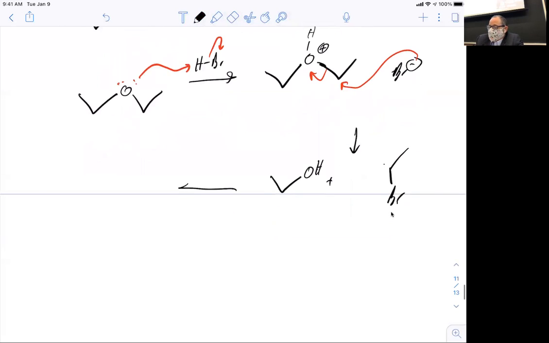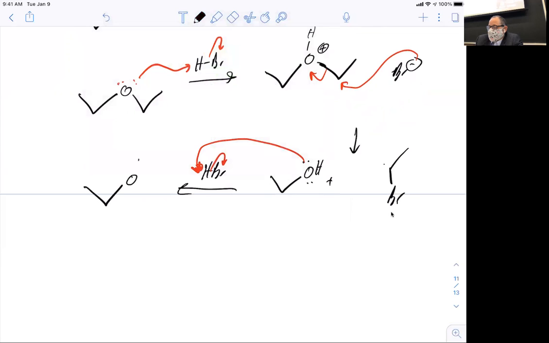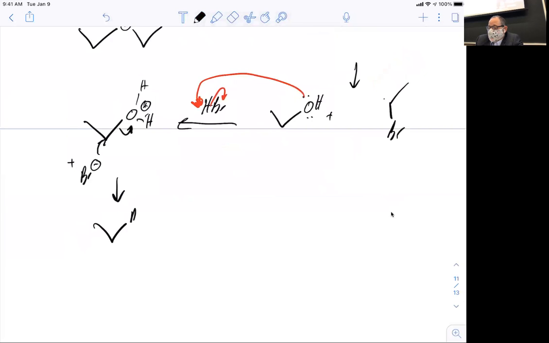If I have another equivalent of this, so two equivalents or an excess, this reacts again. And then again, my halide comes in, attacks that, and I get another equivalent of the bromine.